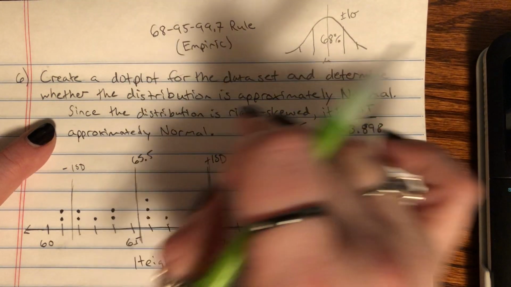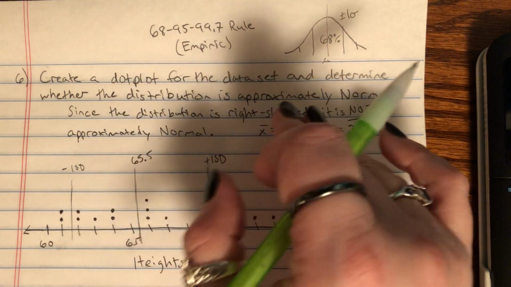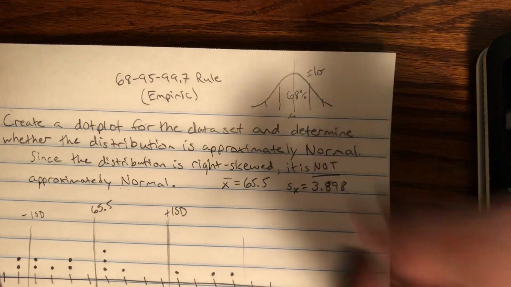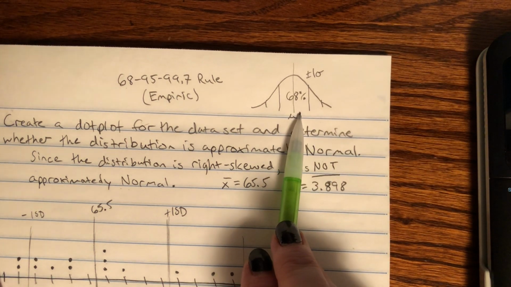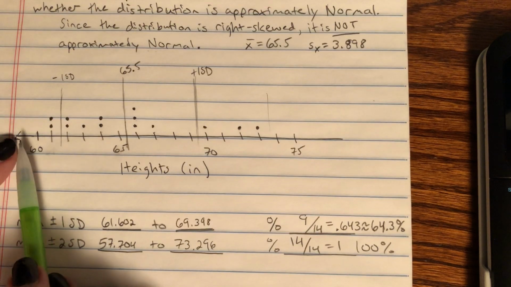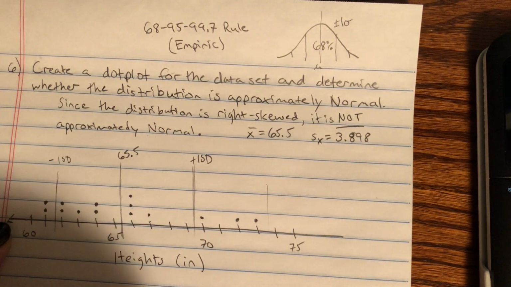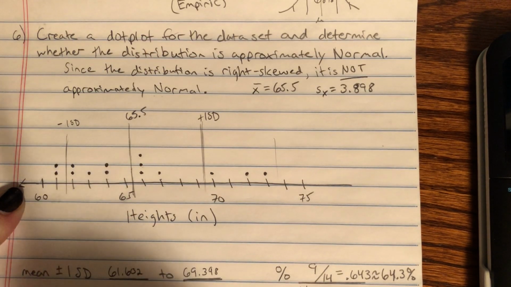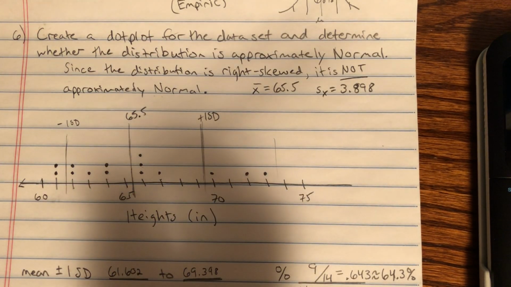So if your shape is skewed, either left or right, and it's not a single peaked distribution, then it's not really worth testing this part of it. You'd still need to make the dot plot in order to meet the directions, but you wouldn't necessarily have to do these calculations if you can already tell from the shape that it's not even going to have a prayer.